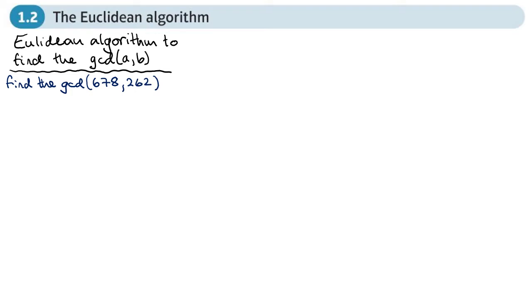Now this algorithm all stems from the division algorithm, and the division algorithm says that you have a number a which can be written as another number b times the quotient q, plus r, and if we rearrange that, the remainder is equal to a minus bq. So remember, this is when you're doing a divided by b.